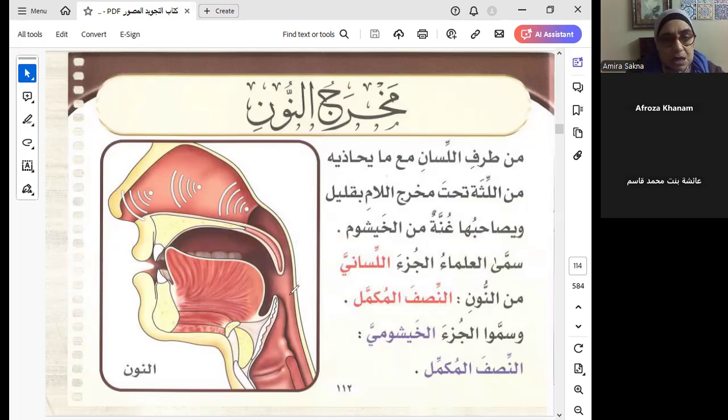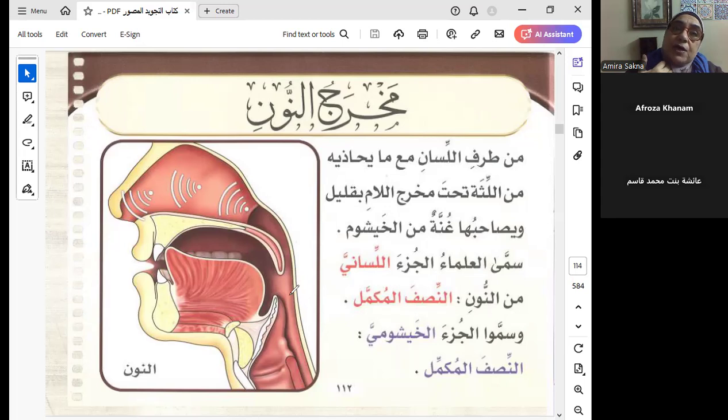The letters are hamz, ha, ayn, ha, ghayn, ha. Those 6 letters are produced from the throat. That's why it's called the throat clear noon, or izharun halqi, because all the 6 letters are produced from the halq, or the throat.